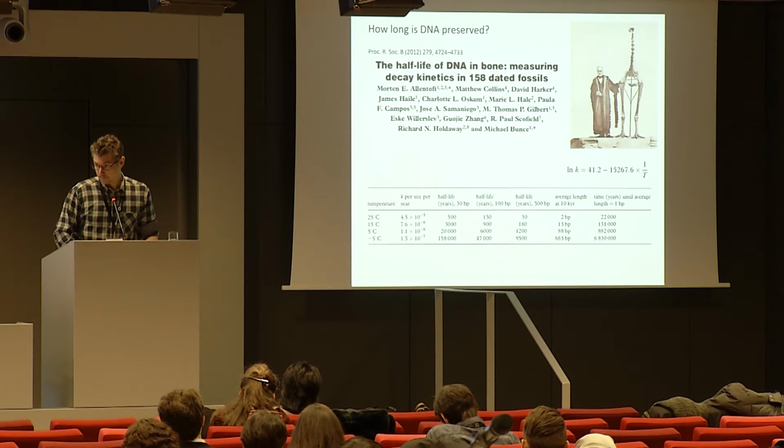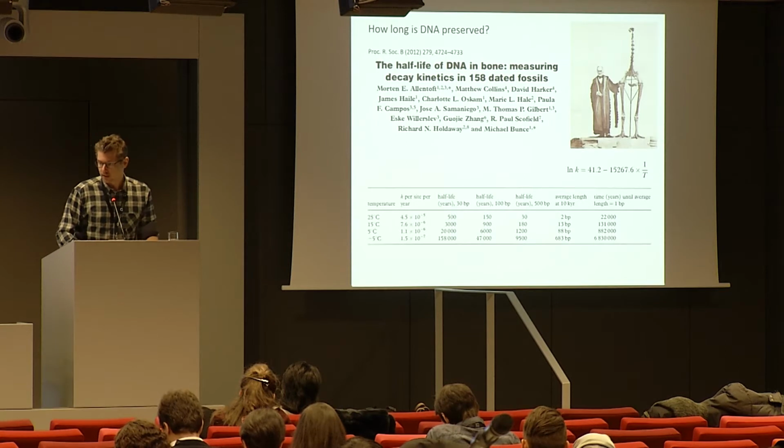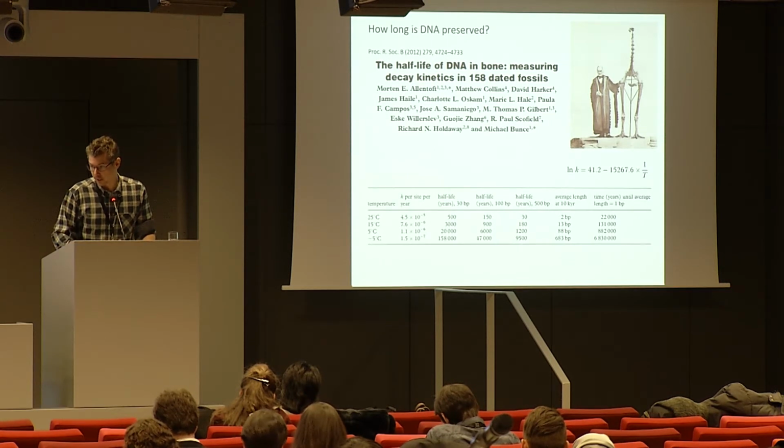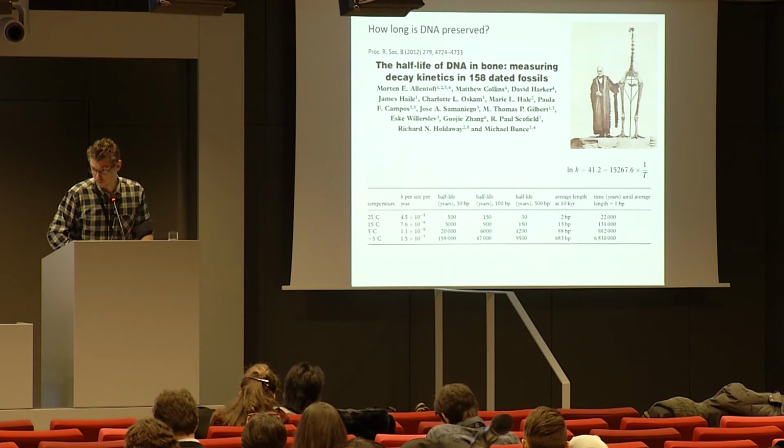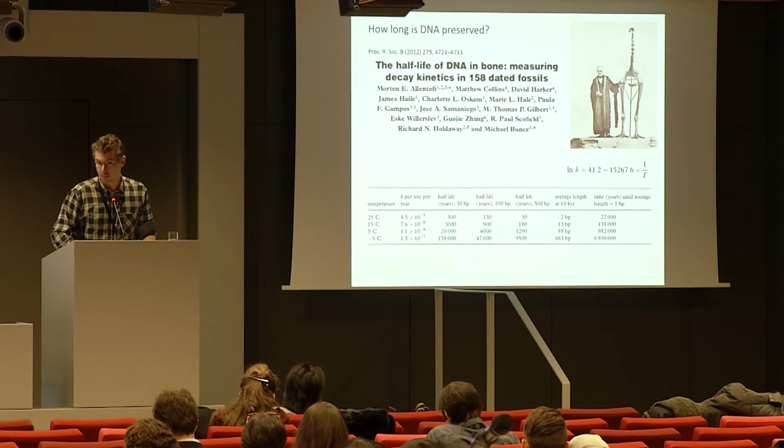Anyway, what we could see by looking at these decay rates is that we could calculate the half-life. And one important aspect here is, of course, the colder it gets, the slower the half-life is. I mean, DNA decays much slower at lower degrees.